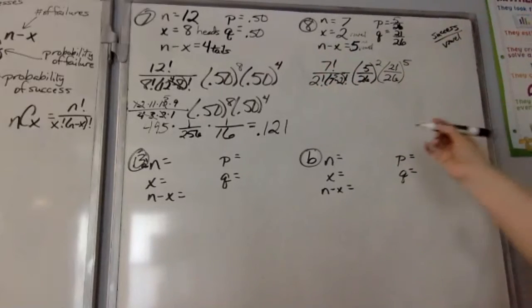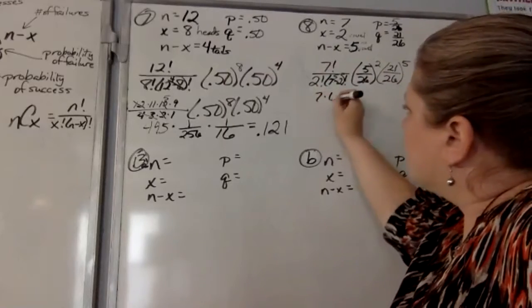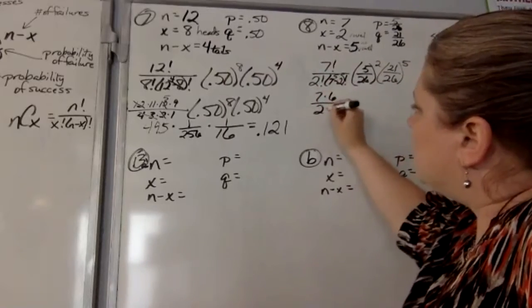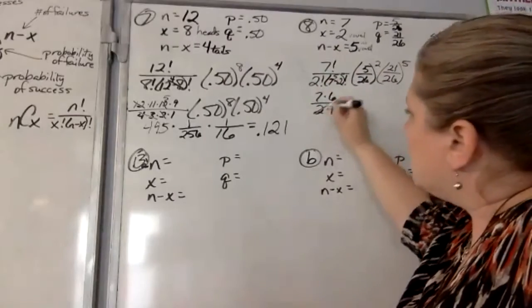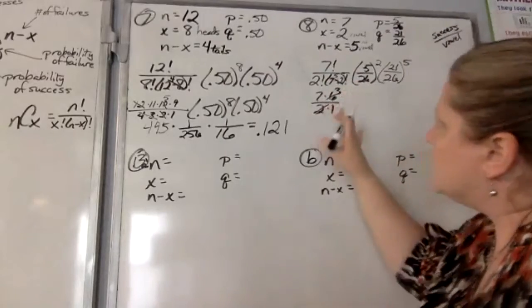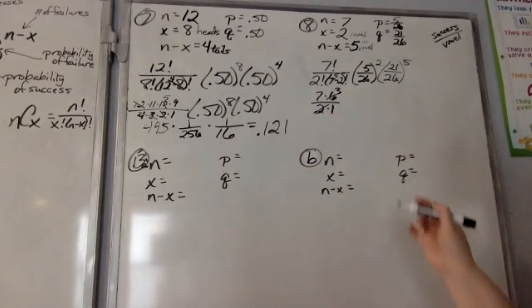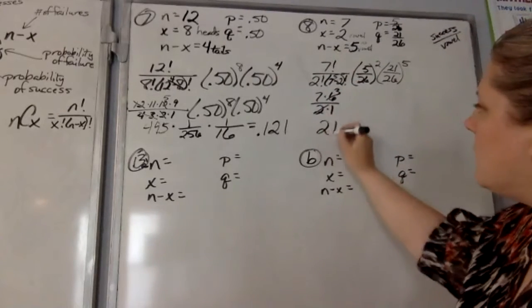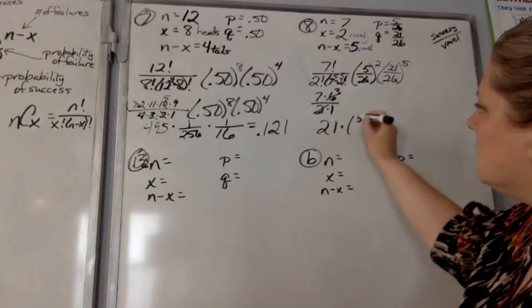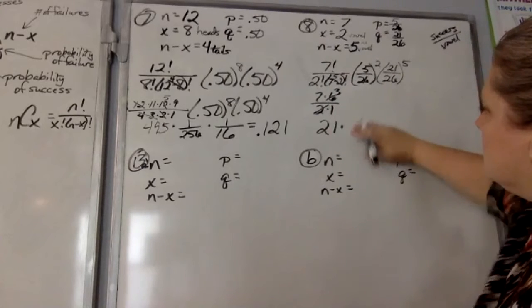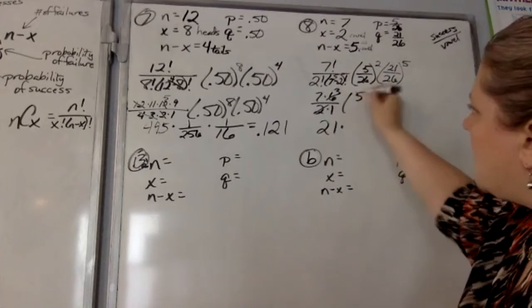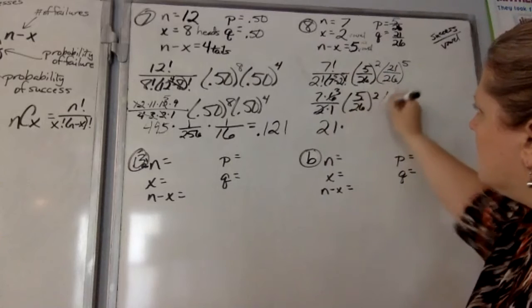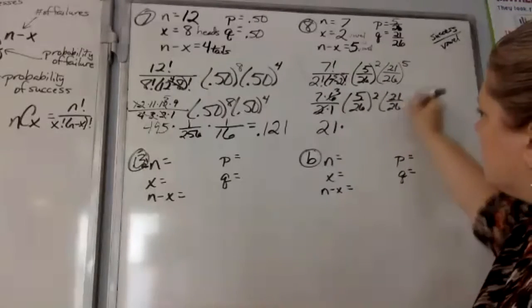So I'm left with 7 and 6 on the top, and then on the bottom, I'd have 2 and 1. So 2 can go into 6 3 times. So that part simplified pretty good to 21. So I have 21 times 5 over 26 squared, and then 21 over 26 to the 5th power.